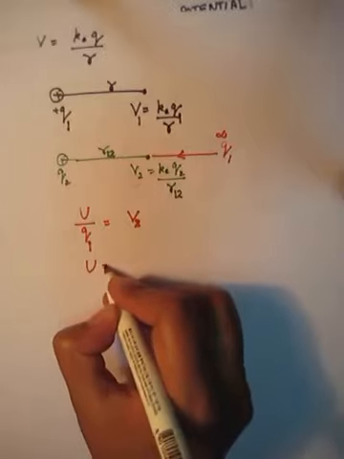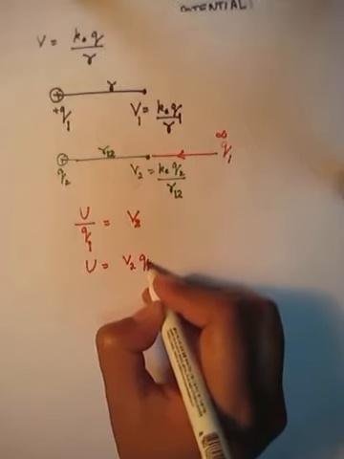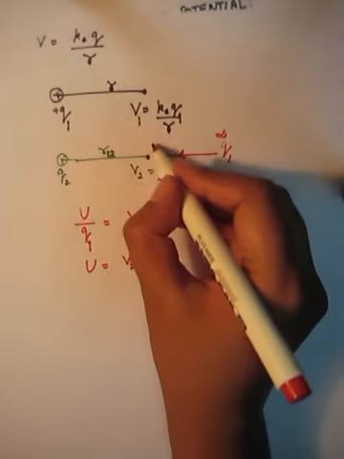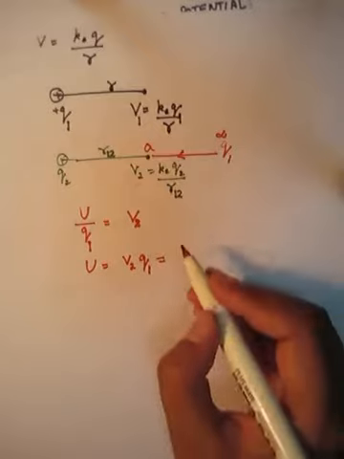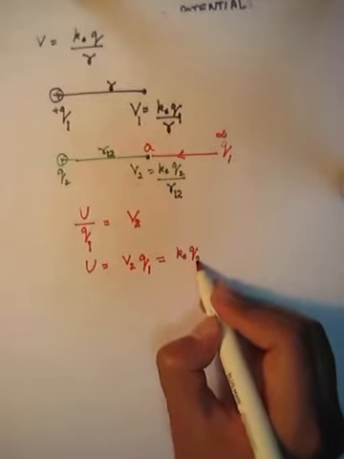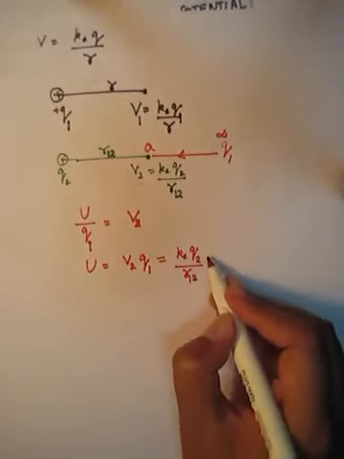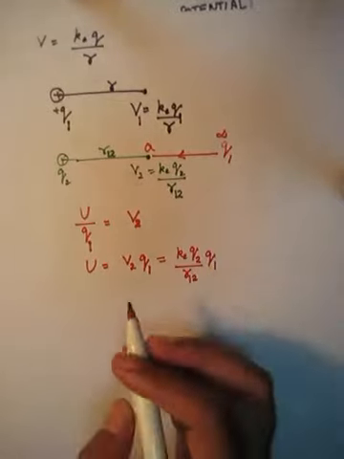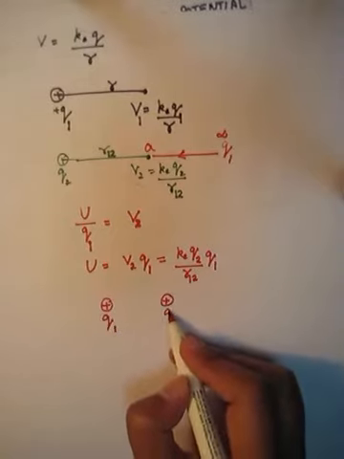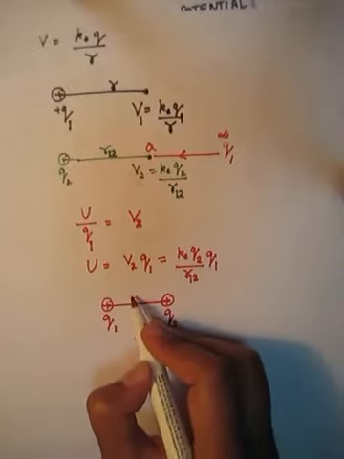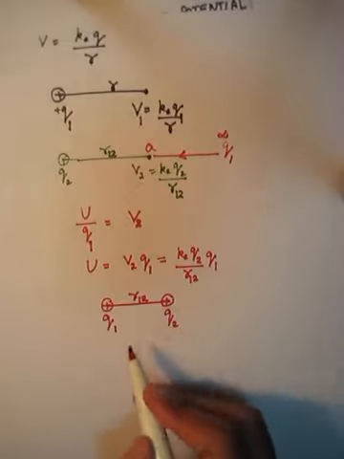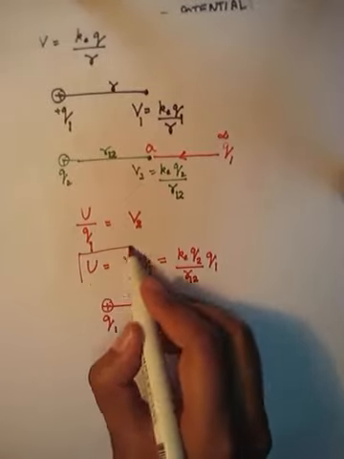So from here you can say that this V2 into Q1, and the potential at this point, let's say this point is A, is given by KE Q2 upon R12 into Q1. So if you have two positive charges, Q1 and Q2, and they are at a certain distance R12 apart, then the potential energy between these two charges will be given by this expression.